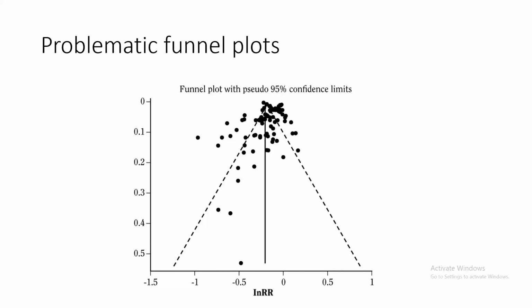Many studies are falling to the top or the tip of the funnel, and the studies are actually pouring out. So you can see these are problematic funnel plots, and if you get such a funnel plot, God forbid, you better go back and check your data and do something about your data. All right, so if God forbid you get this, it's going to be too much of a work.